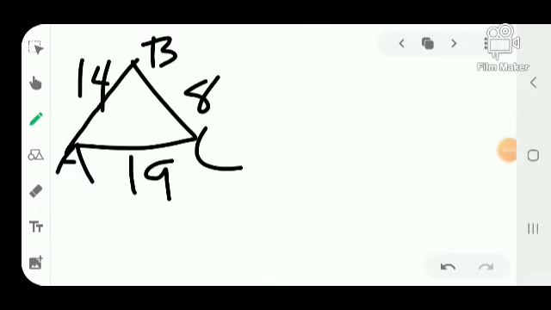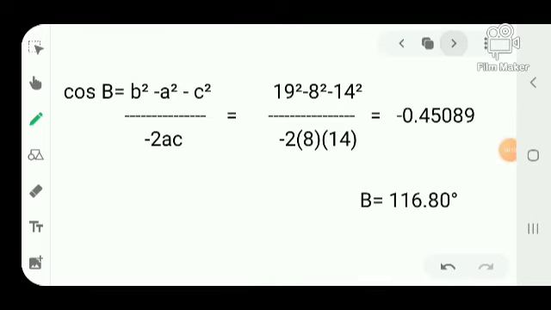It is best to find the angle opposite the longest side first, and that is side B. So now we'll solve for cos B. Cos B is equal to b squared minus a squared minus c squared over negative 2ac, which is 19 squared minus 8 squared minus 14 squared over negative 2 times 8 times 14, which is negative 0.4508.